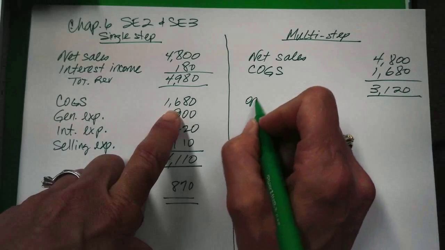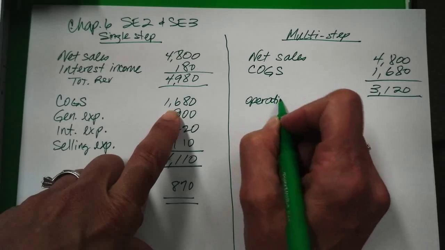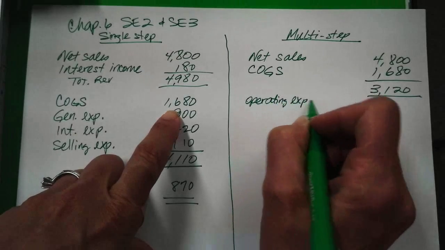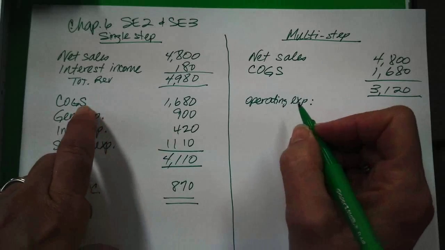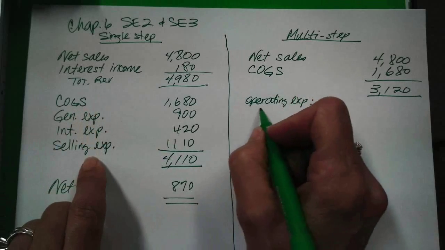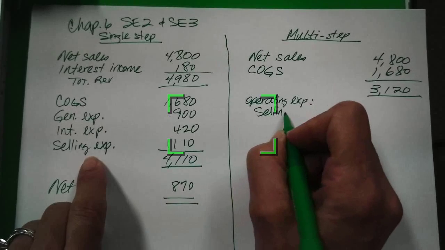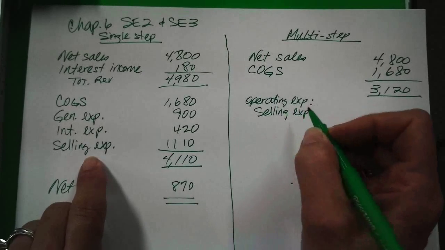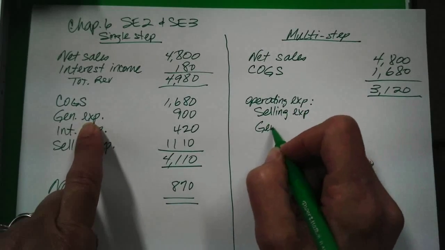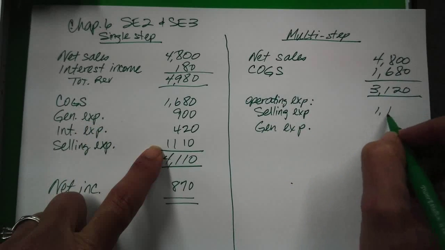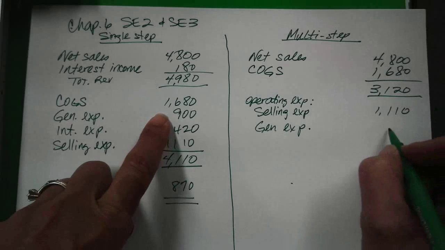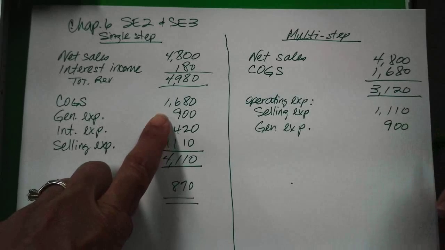Then I'm going to subtract operating expenses. Well, out of these expenses here, I've already used cost of goods sold. I need selling expense, and I need general expense. There are different ways to do this.